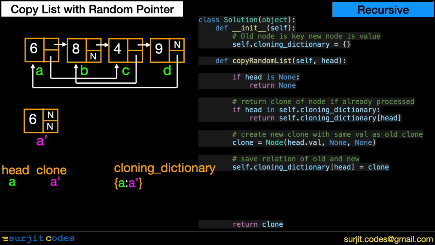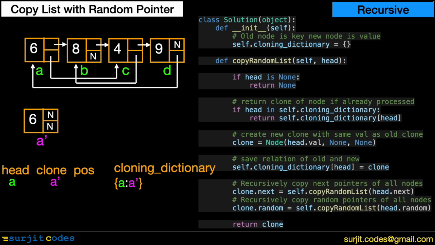But before that, we need to set next and random pointers of the clone corresponding to the original list. A next is B and A random is C, which means that A prime next will be B prime and A prime random will be C prime.